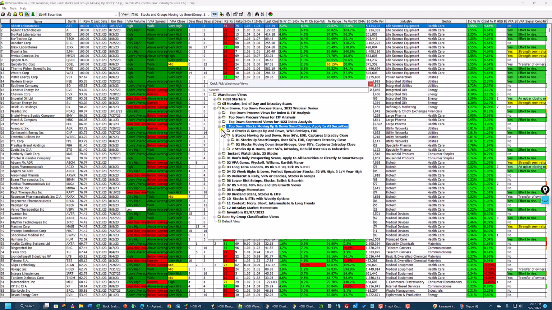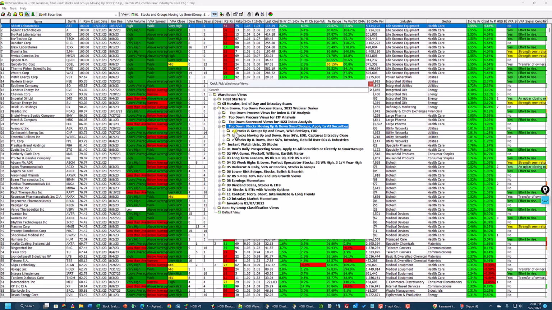So where I'm going to start is in this folder, which is the fourth one down. Now these are all for market analysis, the prior three folders. And this is for market analysis also, but it's also for prospecting. So if I go into the A folder, this is stocks and groups moving up and down. These are the Woodward and Brown smart groups, which have been around for years, and they're end of day.